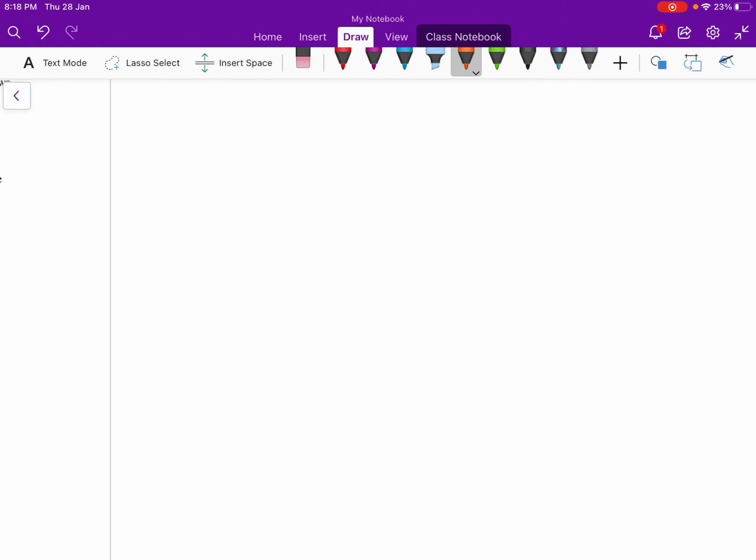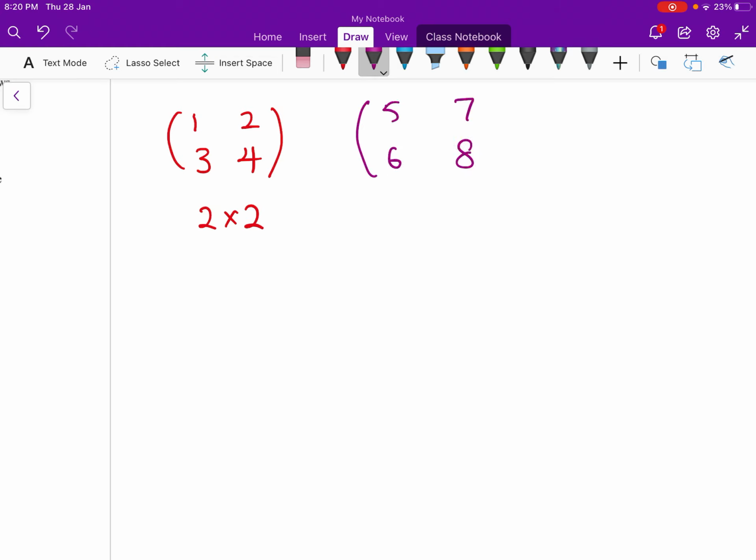In order to add and subtract, let's just say I'm given this 1, 2, 3, and 4. The order of this matrix is basically 2 by 2. If I give you another matrix 5, 6, 7, 8 and I ask you to add, in order to add or subtract, they must be the same order, exact order.